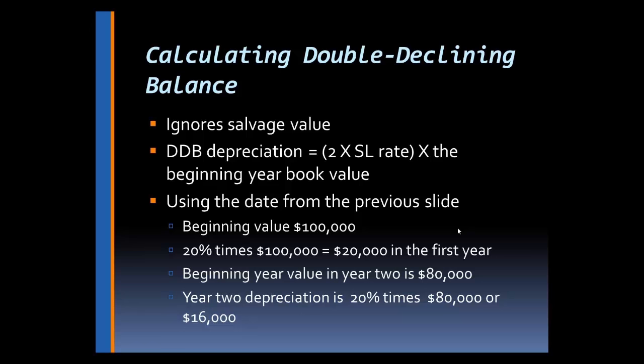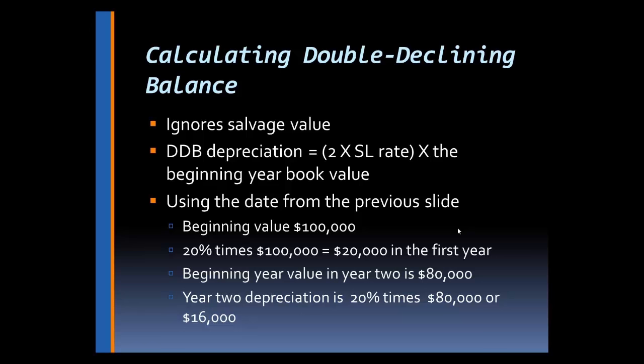So in the first year, our beginning balance was $100,000. The depreciation rate, as you recall, was 10%. So 2 times 10% is 20%. We then multiply that times 100,000, and the first year's depreciation is $20,000, which is more than twice what the depreciation was under the straight line method.